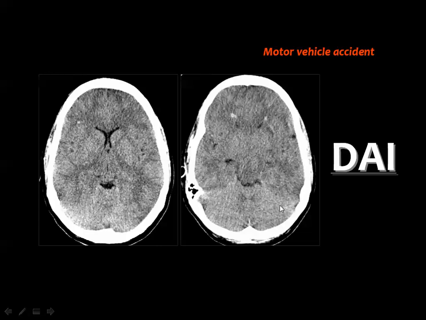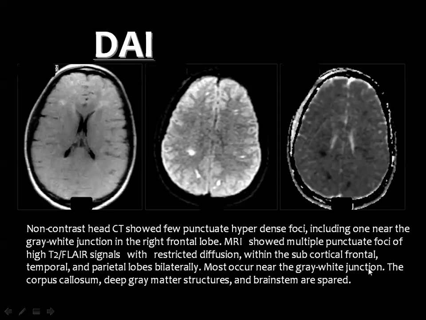The CT scan showed minute foci of hemorrhage, and this is typical of diffuse axonal injury. And in the MRI, in the FLAIR image, you may see some of these lesions as bright foci, but in the diffusion weighted images, you see restricted diffusion in these areas with black appearance in the ADC map.